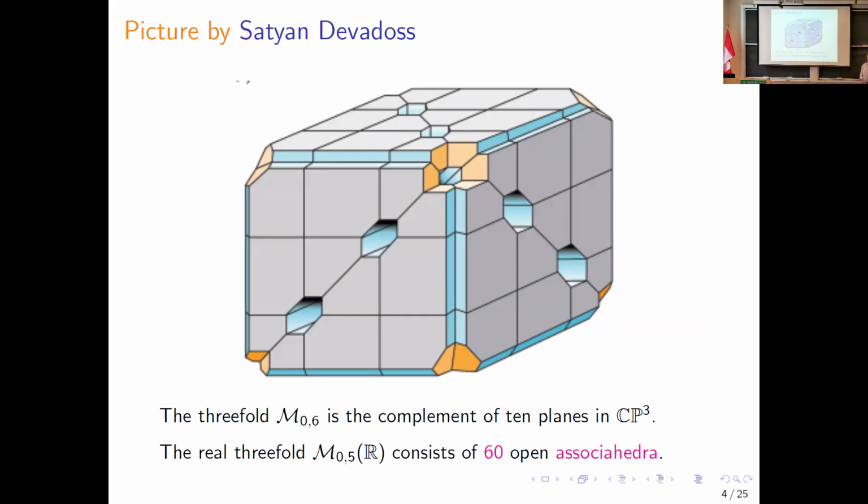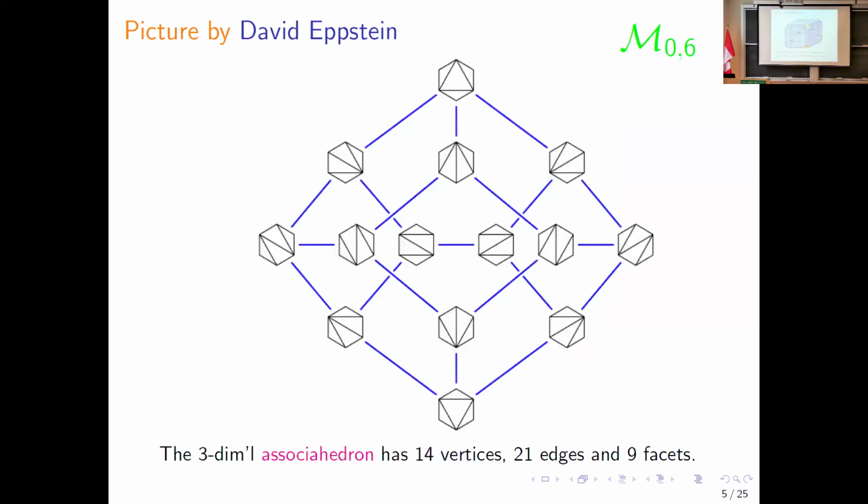Associahedra were also mentioned in the first talk this morning. They have 14, that is to say Catalan many, vertices. So you get this very nice space glued from 60 3-dimensional associahedra. Quick reminder: this 3-dimensional associahedron is a simple polytope with 14 vertices, 21 edges, and 9 facets.